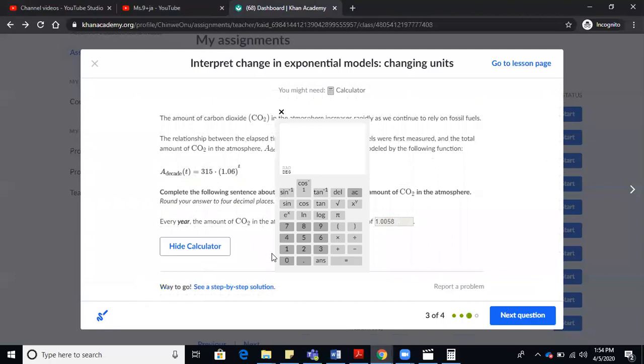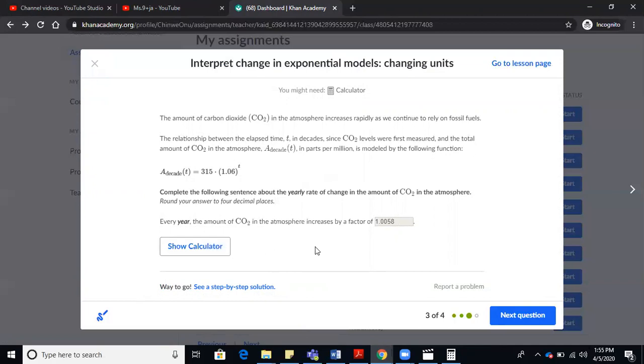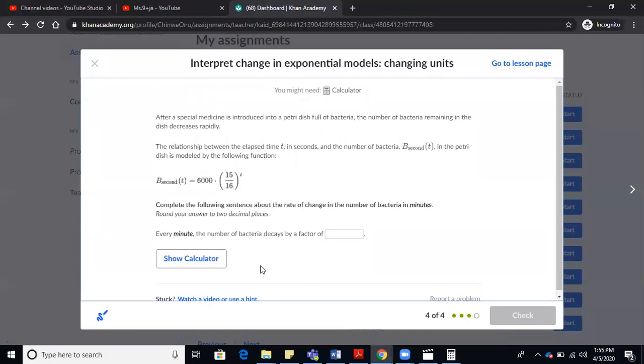You can click right here and show calculator and use this, okay? 1.06, and I want to raise it, and in parentheses, I'll put 1 divided by 10, 1/10. And remember, they want it in 4 decimal places. So you can always use the calculator if you're using your computer. I don't see the calculator when I'm using the phone app, but if you're doing it on your computer, you should be able to.